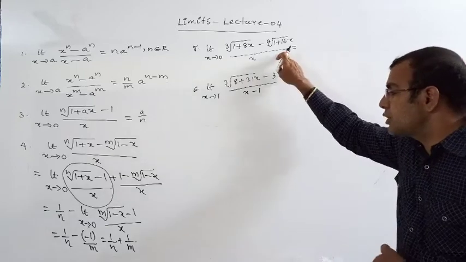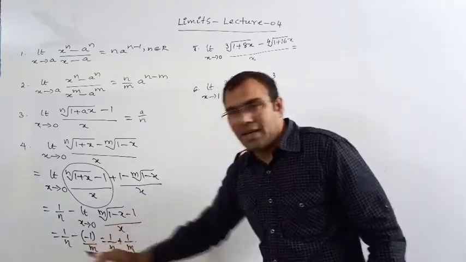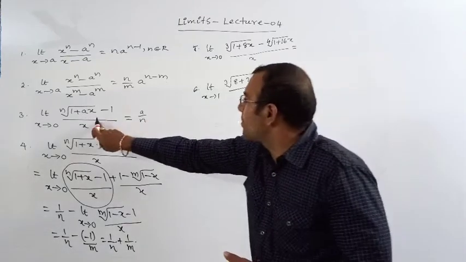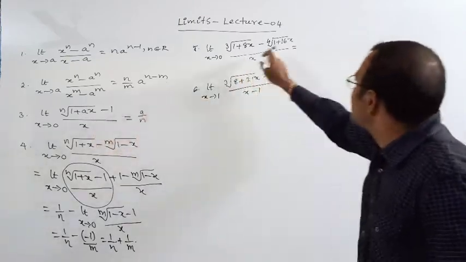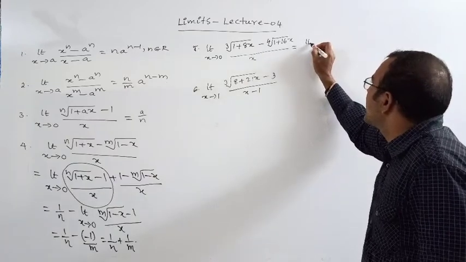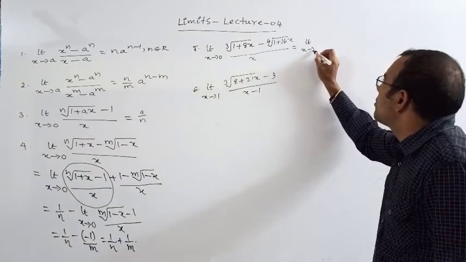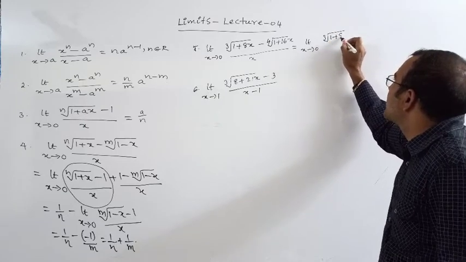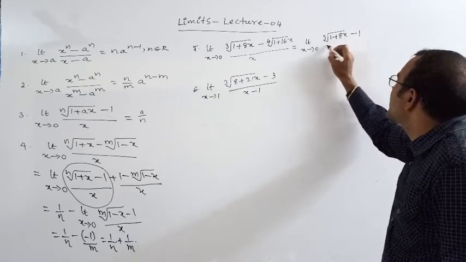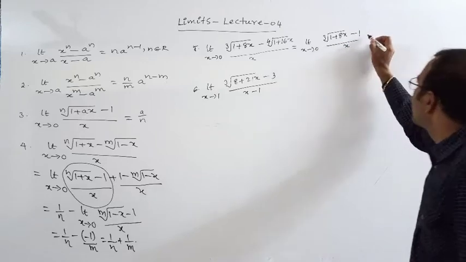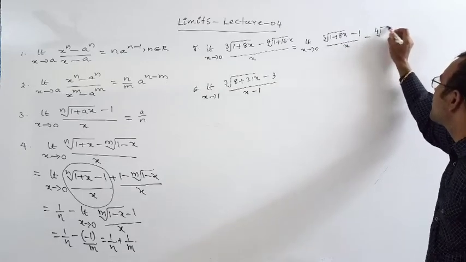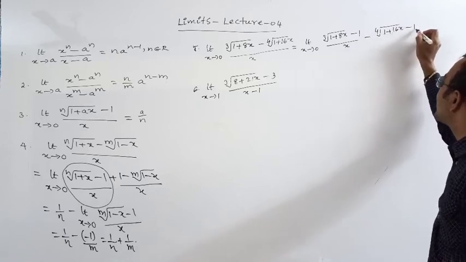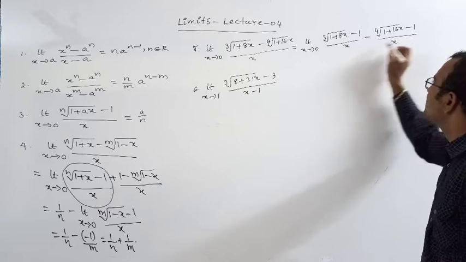So for this you can apply this formula directly. Here, this I can write as limit x tends to 0, (cube root of (1 plus 8x) minus 1) by x, minus (4th root of (1 plus 16x) minus 1) by x.